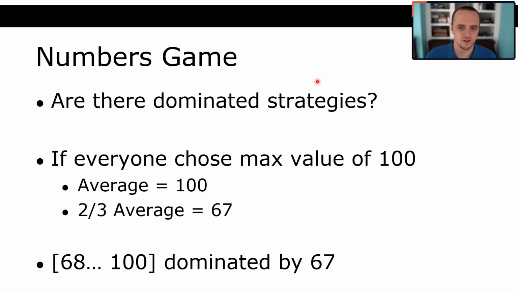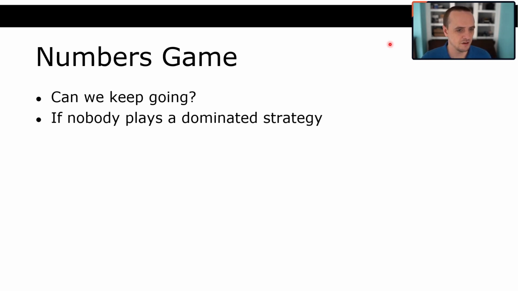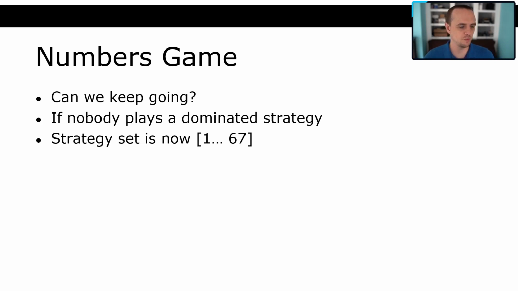So, can we keep going with this logic? Let's talk about rational players. What would a rational player do if they had identified a dominated strategy? Well, ideally, they're not going to play a dominated strategy. So if you think that everyone applies this logic, then the highest number that anyone can now pick is 67.